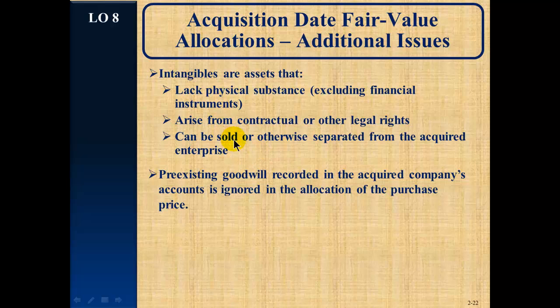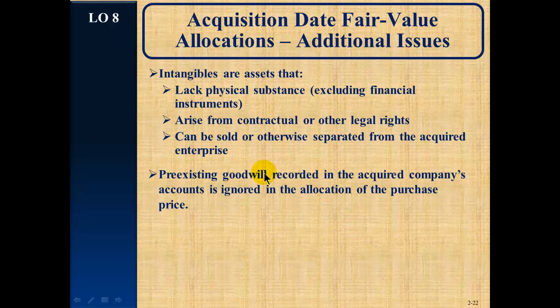Now, goodwill is one of your most common intangible assets that arises from an acquisition situation. If you have pre-existing goodwill on the books of the acquired company, the investee, then you ignore that. When you're buying them, you're not saying, oh, what is that goodwill really worth? No, forget about it. You're looking at the identifiable assets and liabilities, and you want to get the fair value of those.